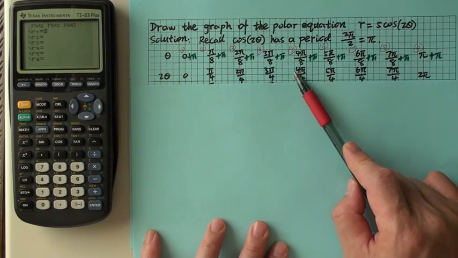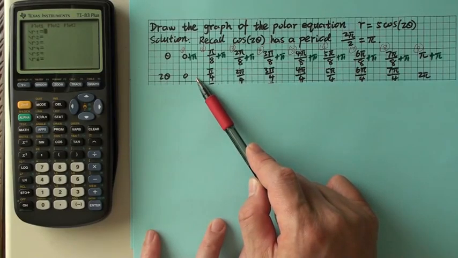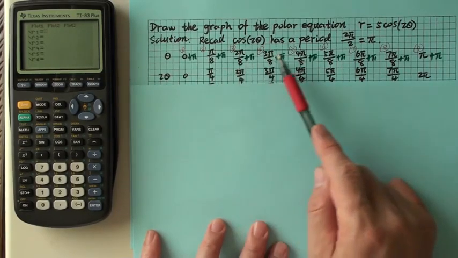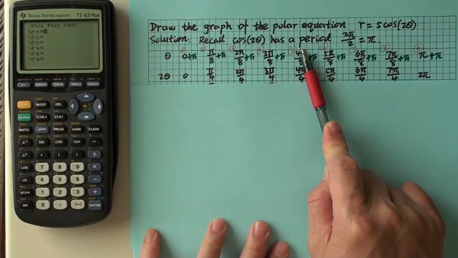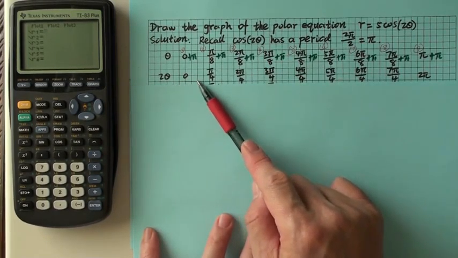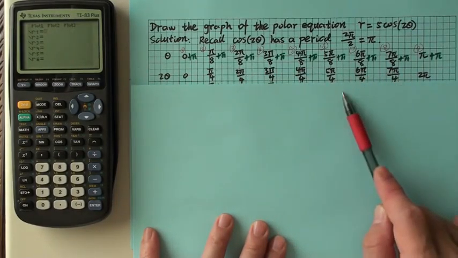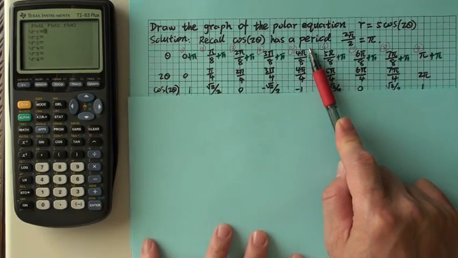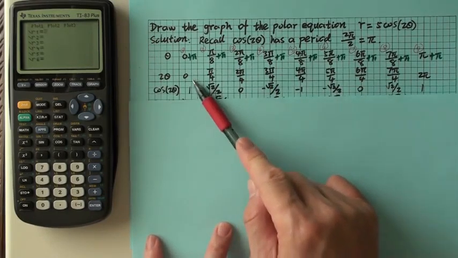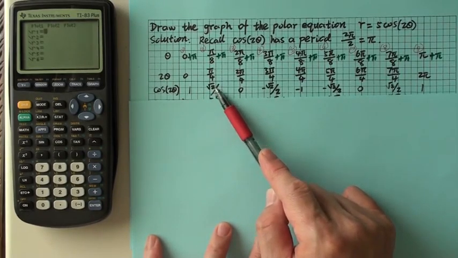Of course, if you have time, you may choose the values in between. If you are interested, you may do it. Now, 2 theta has those 1, 2, 3, 4, 5, 6, 7, 8, 9 values. Then cosine 0 is 1. Cosine pi over 4, radical 2 over 2.